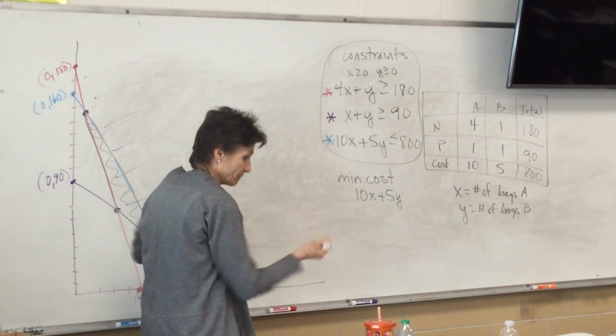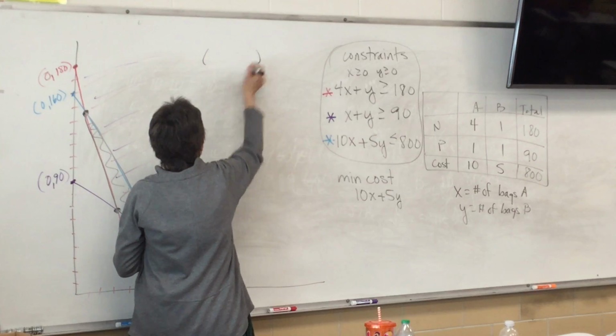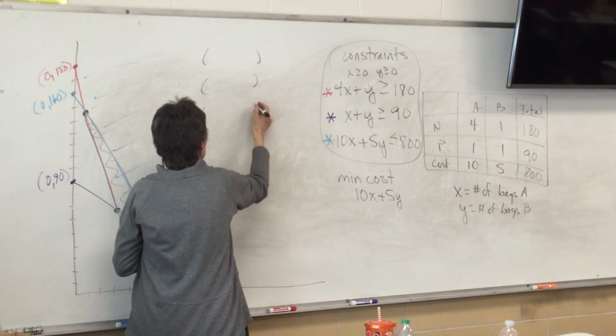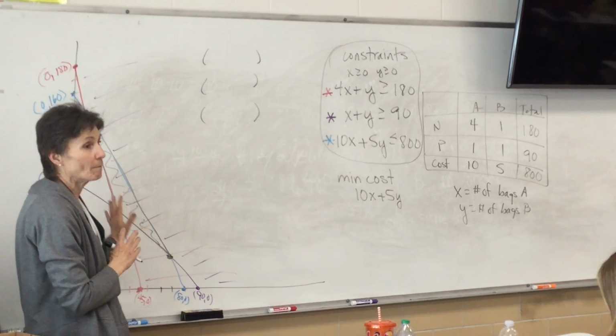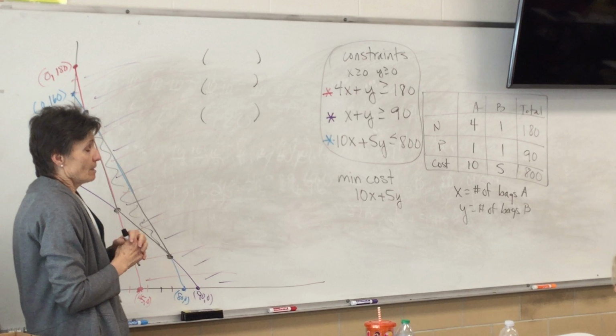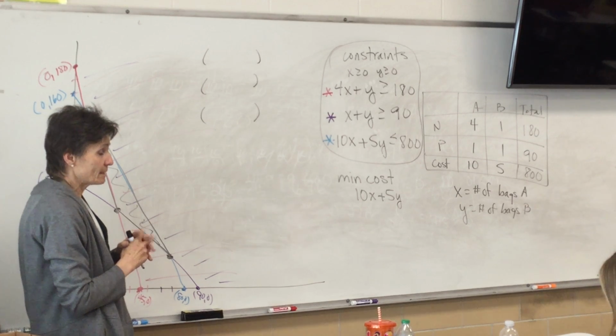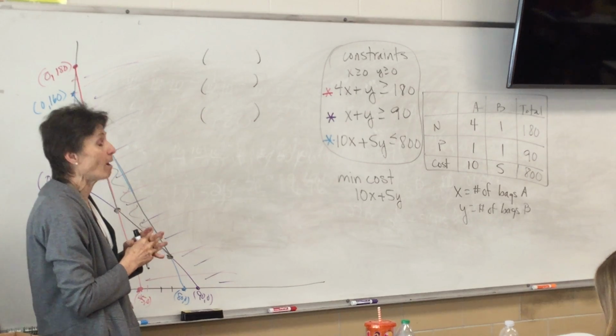So now we have to write down the corners. What are our 3 corners? None of these are obvious, certainly on my picture. They may be a little more obvious on yours. If you're comfortable eyeballing, that's okay, but it doesn't always work and usually doesn't.